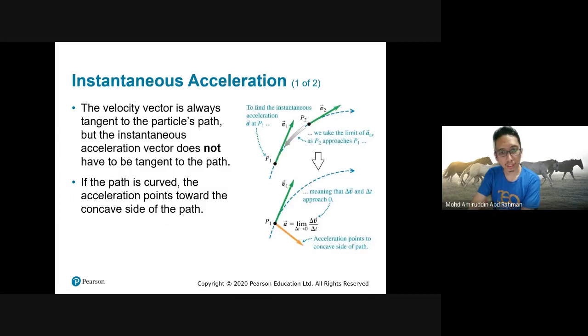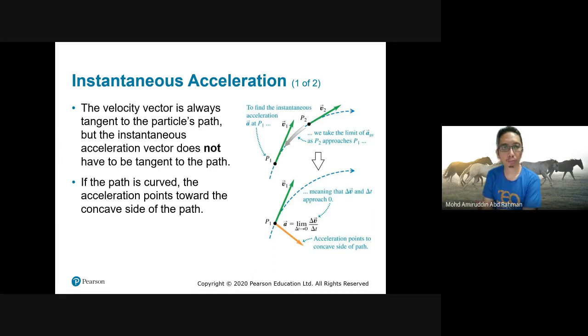For the instantaneous acceleration, we look at the tangent of the particle path. But the instantaneous acceleration does not have to be tangent to the path, so it's a little bit different.